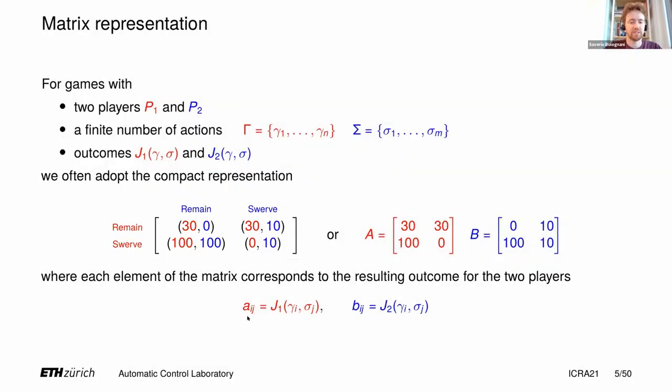Formally, the element Aij for player one is the result of player one playing strategy i and player two playing strategy j, and Aij describes the cost J1 for player one, and similarly for B. I'll try to stick to the two colors, red and blue, for the rest of the slides, so this is not too confusing.